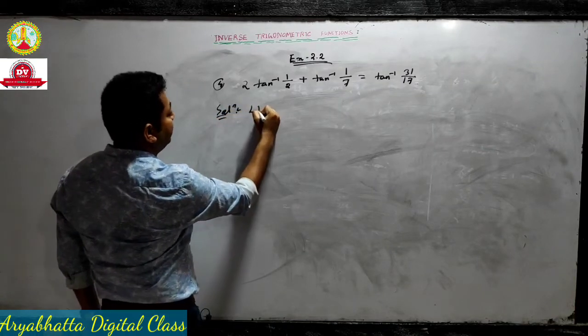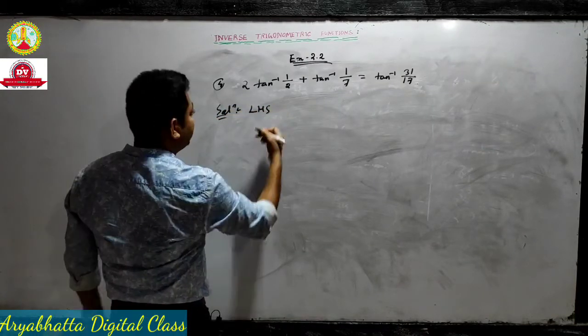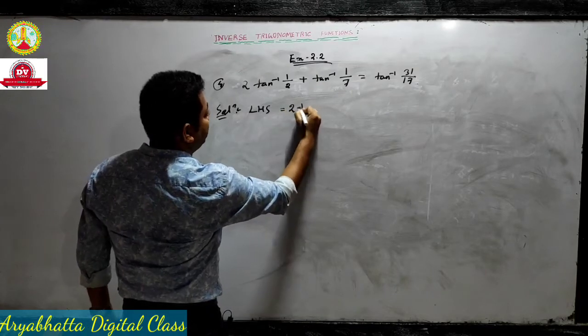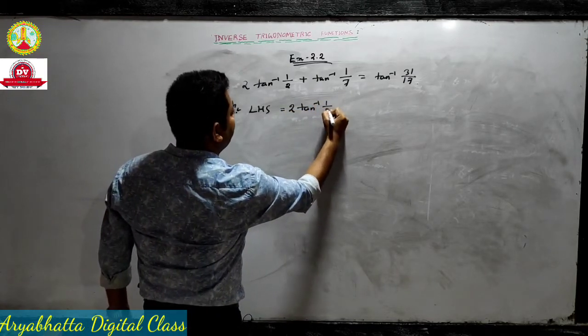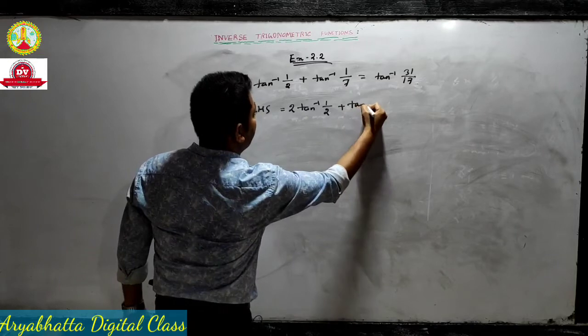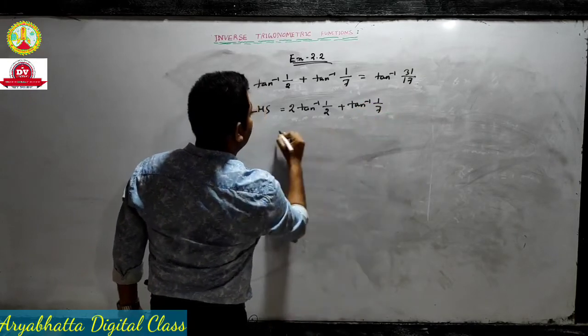Solution: left hand side is equal to tan inverse 1 by 2 plus tan inverse 1 by 7.